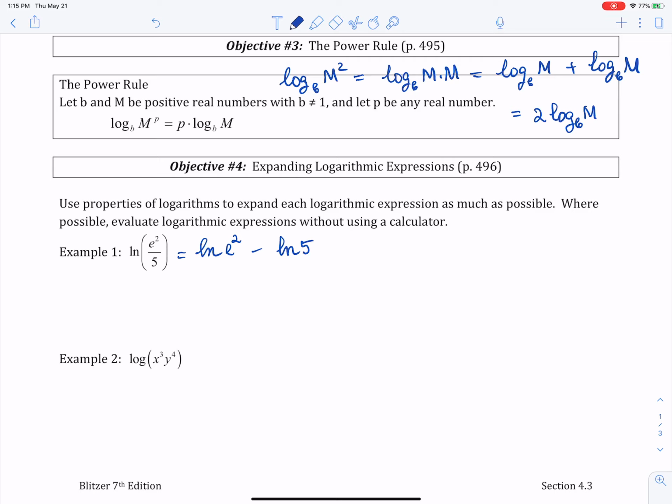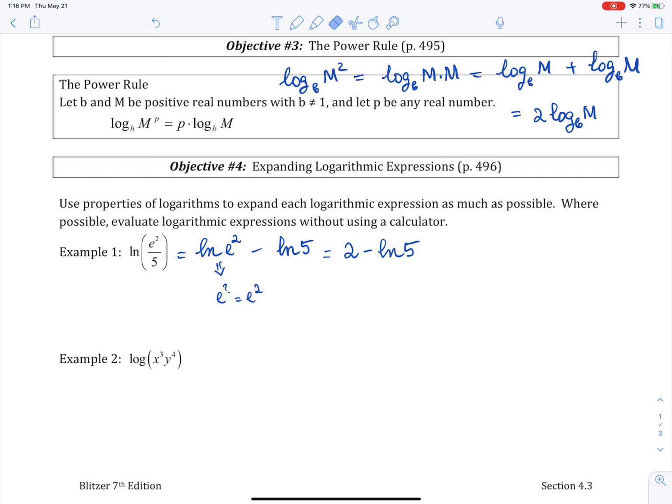Logarithm e powered by 2: based on properties of logarithms, or I can think from here, e powered by what is equal to e to the 2. I can see that the question mark is equal to 2. So this first ln of e squared is equal to 2 minus ln of 5.